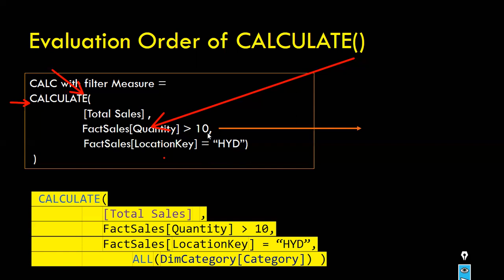As we learned a while back, the filter condition will get evaluated first, but here we have two filtering conditions. Those items we sold more than 10 and the location is Hyderabad. If you filter the fact sales with more than 10, maybe out of 100,000 records you have something like 50,000 records where you sold more than 10 units.